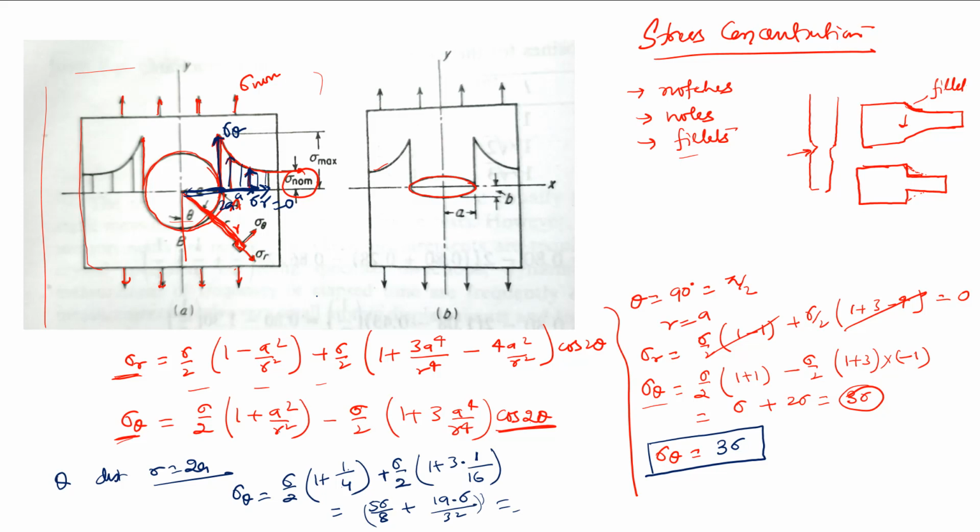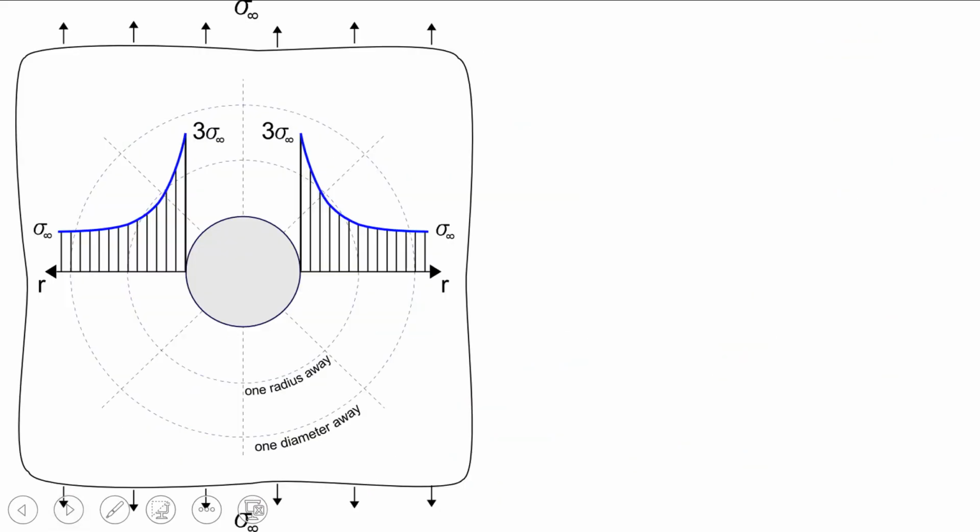If you go beyond, to a very high value of r, then sigma becomes equal to the normal stress, which is the applied one. That is also explained in this diagram. Here this is the normal stress, represented as sigma infinity.